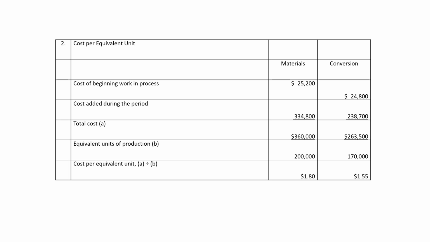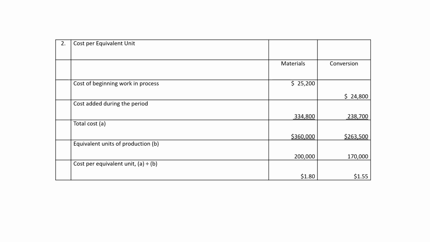That produced 200,000 equivalent units. Remember, we didn't even need to convert because the ending materials were 100% complete with regards to materials, 200,000 units. So the cost per unit for materials, $1.80. Now the beginning work in process conversion costs, 24,800.